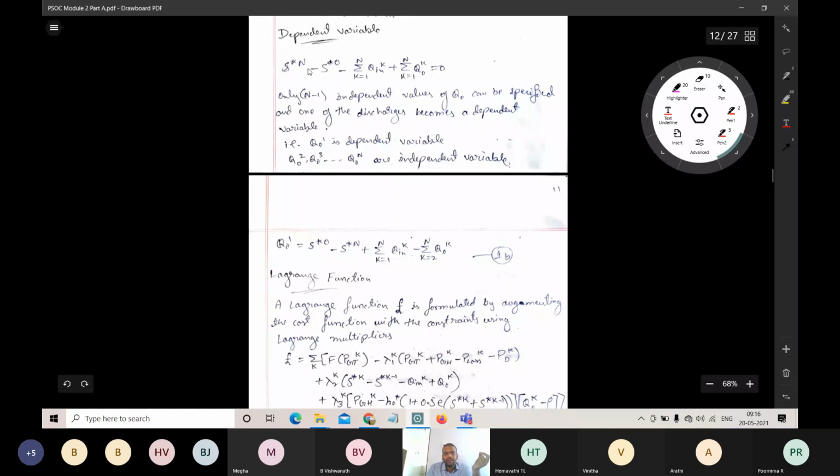So the dependent variables in the storage equation are S star n minus S star 0, sigma q, q in k, and q naught k. So n minus 1 is the only dependent variable for q naught.